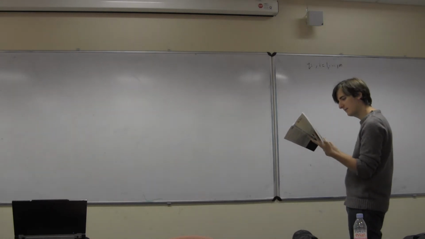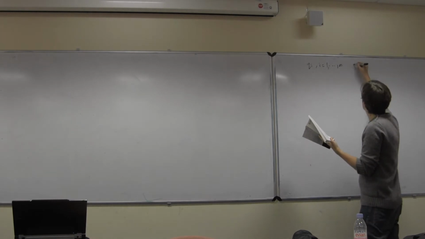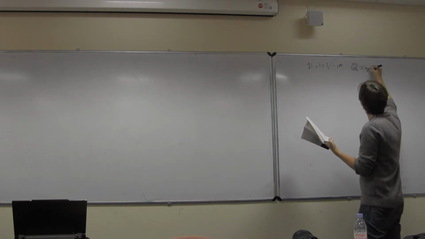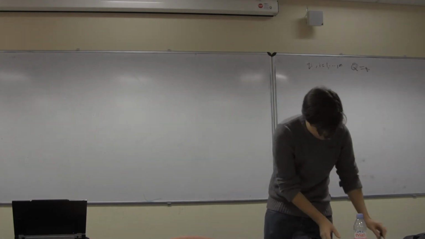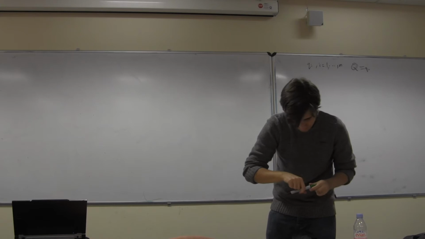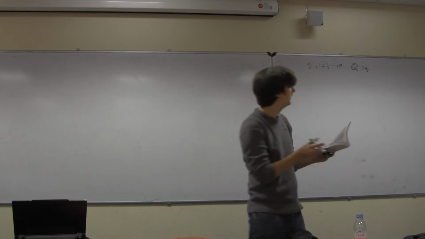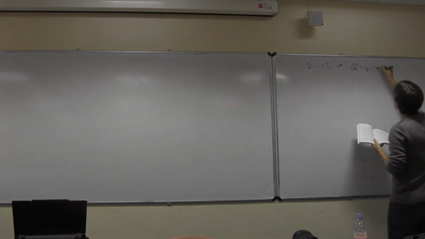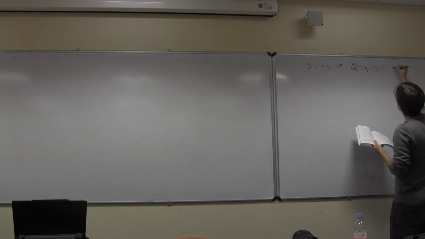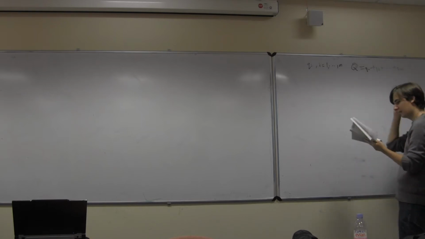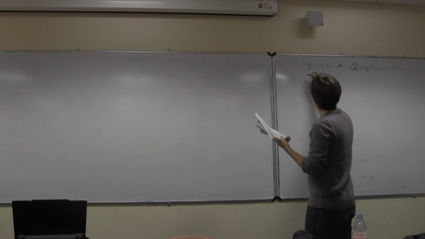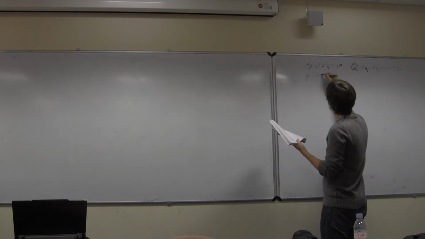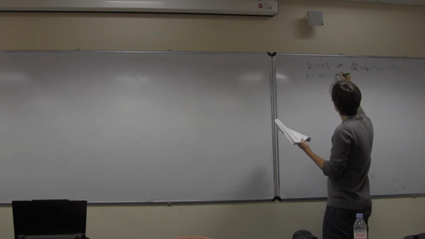Big Q is the aggregate, so Q1 plus Q2 plus and so on. There's a demand curve, which is P equals 100 minus big Q.